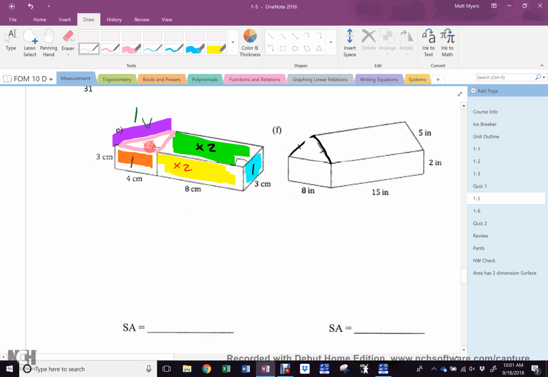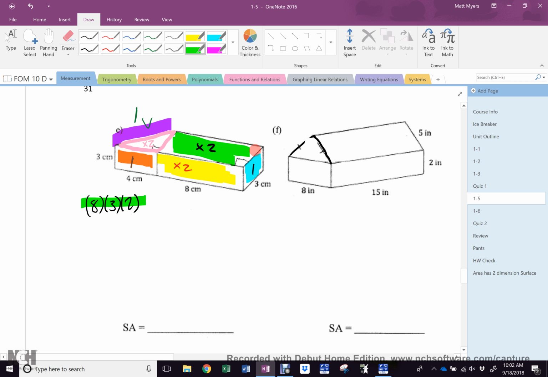What are the easy parts? Is the green one easy? Sure. What is it? 8 by 3 by 2. Everybody cool? 8 by 3. This is 8, like it says right there, and this is 3.